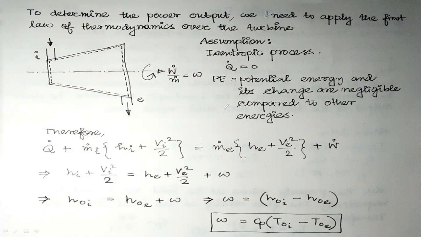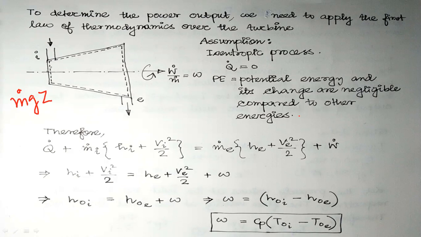Now another thing is the potential energy and its change are negligible compared to other energies. Potential energy is m dot g z per unit time.